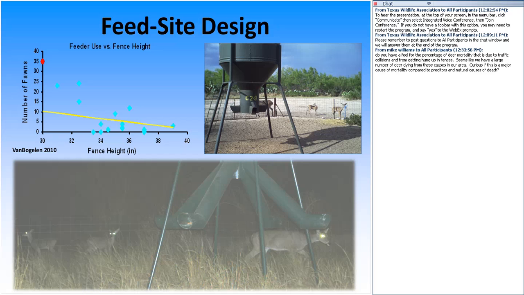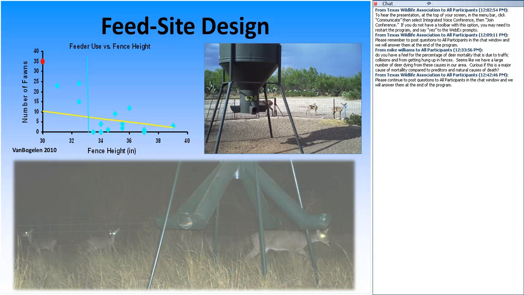And he got a pretty distinct break point at about 33 inches. Above 33-inch fence height, the number of pictures of fawns at these feed sites dropped off quite a bit. Below 33 inches, we're getting a fair number of pictures of fawns.